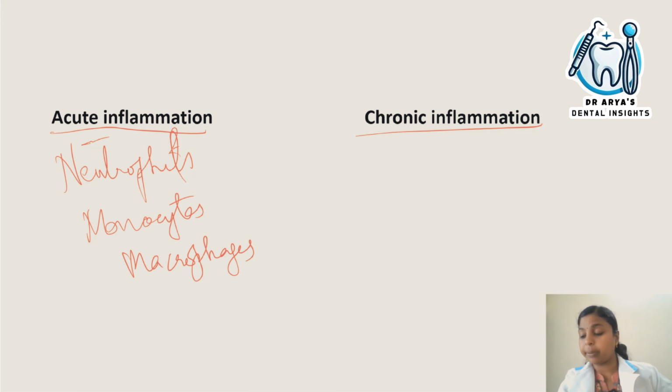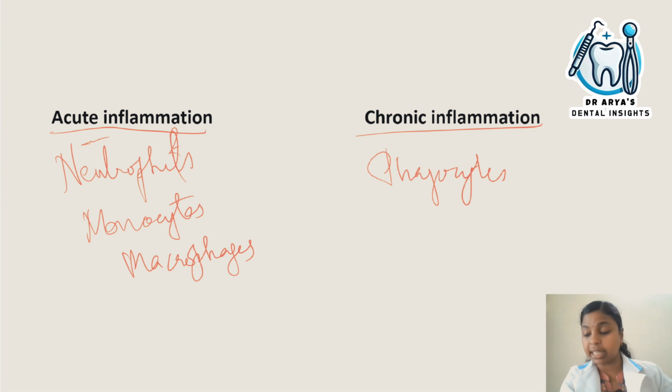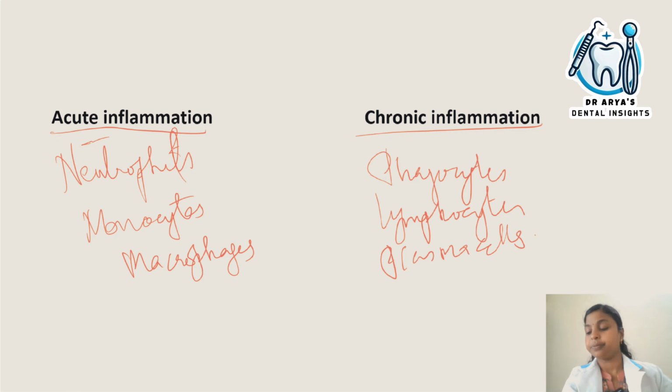Whereas in chronic inflammation, phagocytes, that is circulating monocytes, tissue macrophages, then lymphocytes, and plasma cells. And also the macrophages comprise the most important cells in chronic inflammation.